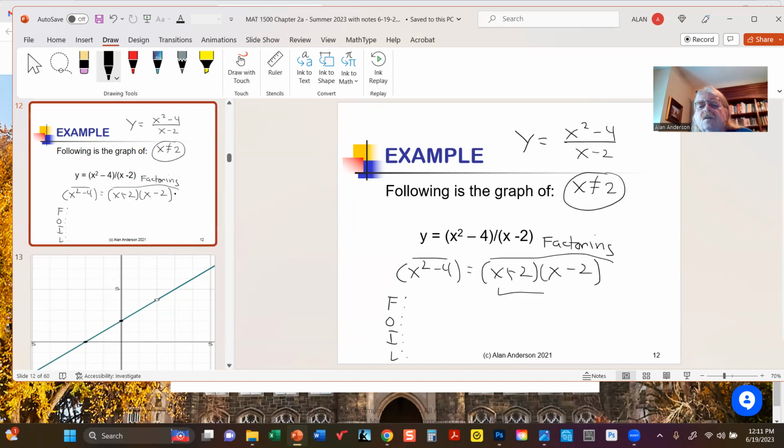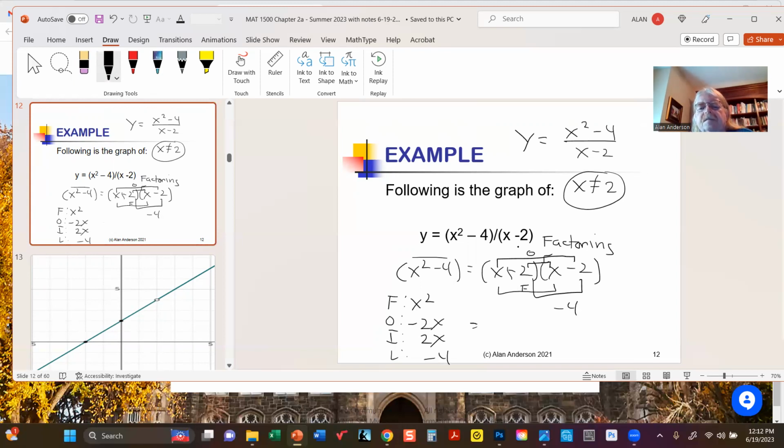So the first would be these two. Outer is these two, the product, that is. Inner would be these two, positive 2x. And then last is these two. And of course, last means the last term in each parenthesis.